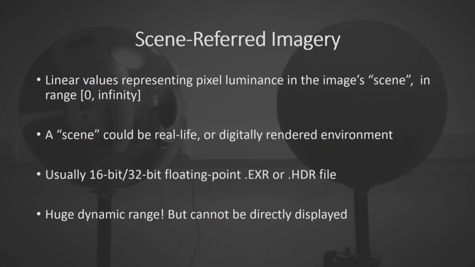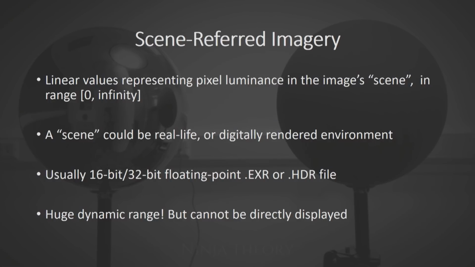So this time we're not relating to a display device, we're relating to, again, maybe a real life film set, or maybe our fully rendered CGI worlds that we go off and make. And because these have a much greater dynamic range, we typically use 16-bit, 32-bit render buffers or files to save them in as EXRs or HDR files.